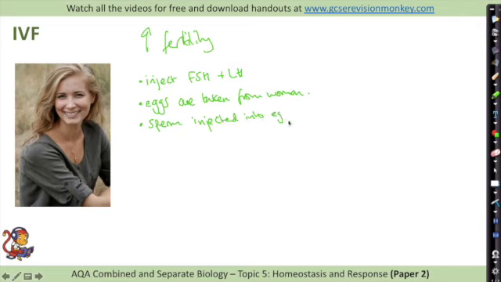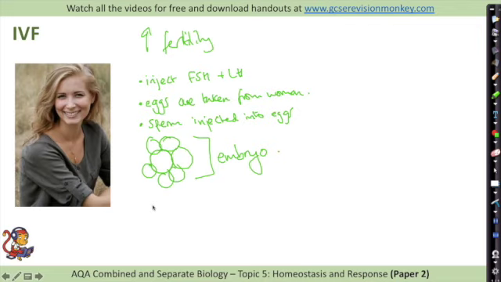So they will look at the sperm and they will look at the eggs, and they will put the healthiest specimens of sperm and egg together. So the sperm, once it's injected into the egg, will make a fertilised egg, and if that's successful, that will start dividing, and a few balls of cells together is called an embryo.